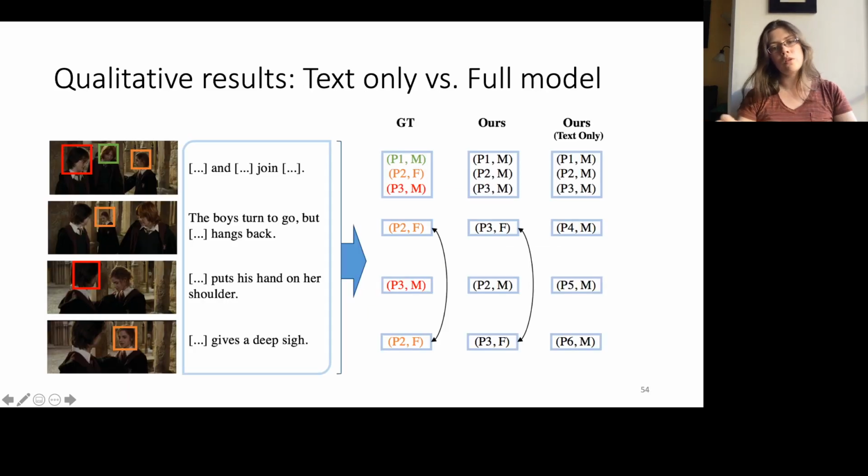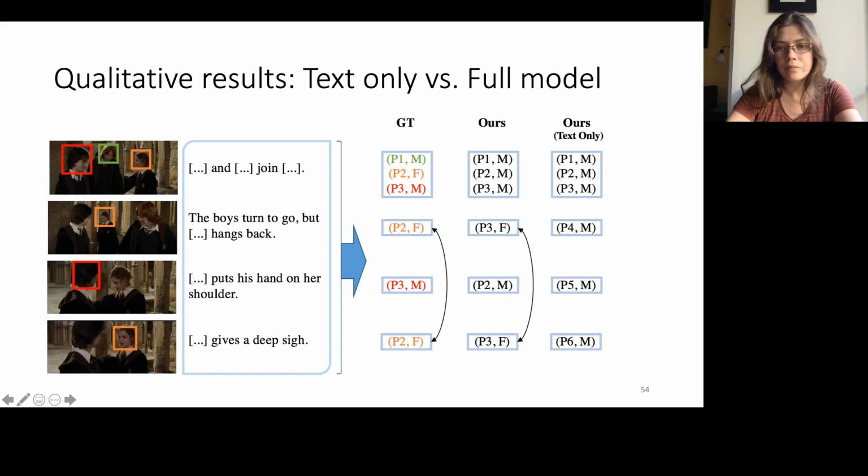If we want to gain some more insight as to what vision gives us as opposed to the text-only model, here's an example. We have some ambiguous case here where blank and blank join blank. In ground truth, this is a male and female and a male. And at first, both models sort of get this wrong and just predict everybody as male, which is a more frequent gender in this data set.